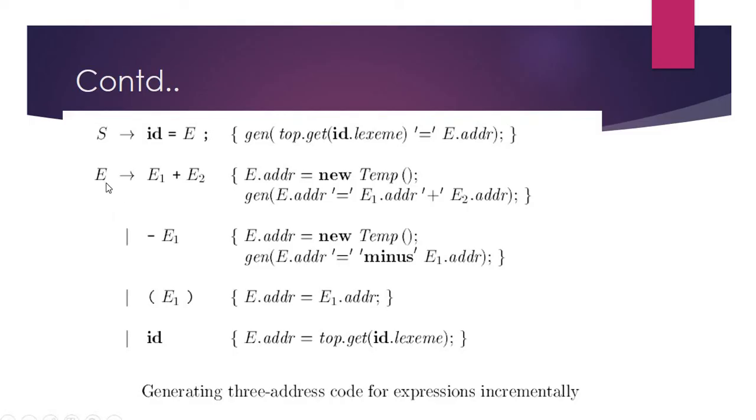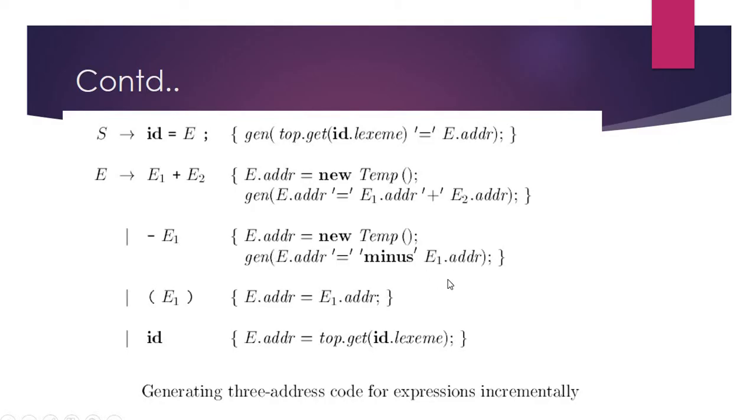And the next production rule is E produces minus E1. So here, to calculate the unary minus value, we have to create the 3 address code. To create the 3 address code, the generate function will be used. So the parent is E. So E dot address equal to unary minus, then E1 dot address. There we'll have the value of E1.